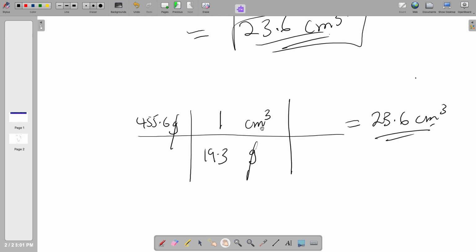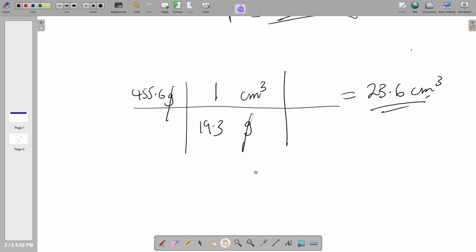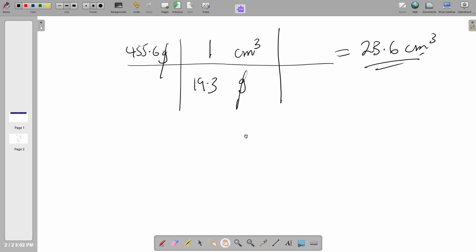Because we want volume in cubic centimeters, we have to flip our density so that the grams will cancel out the grams and we just have cubic centimeters. Likewise, if we want a mass, we'll flip this ratio again, and then set it up and have our mass value calculated as a result of it.